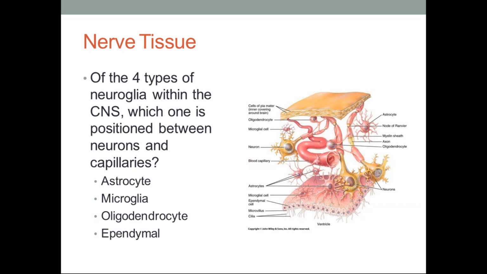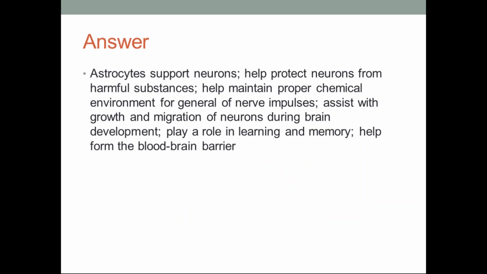Good try, guys, but no, not the ependymal, not the oligodendrocytes. Okay, so here you can see there's a blood capillary, and there's a neuron, and there's a neuron. Yeah, it's the astrocyte, by process of elimination. Okay, so astrocytes are very busy.